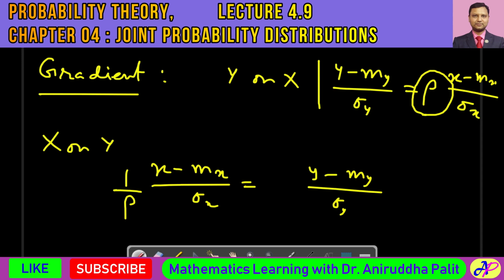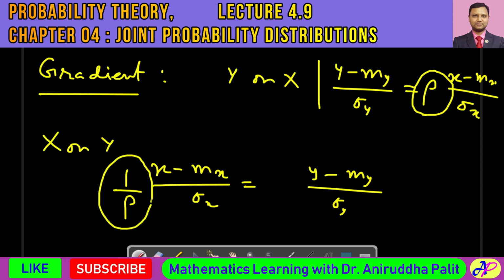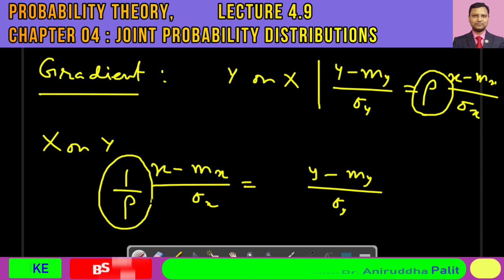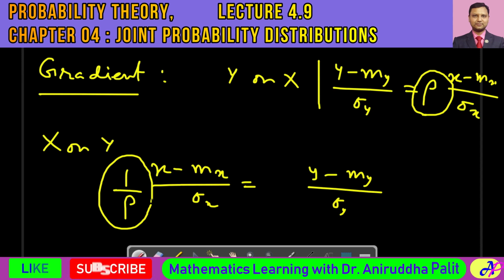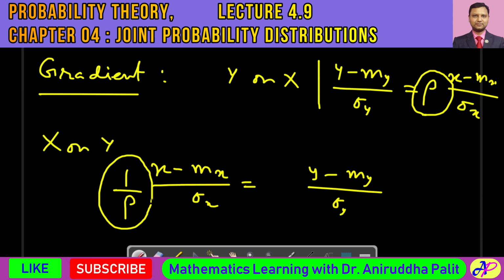Therefore we can observe that 1 by rho is actually the gradient of the regression curve of x on y. Okay, so these are some results in case of bivariate normal distribution.